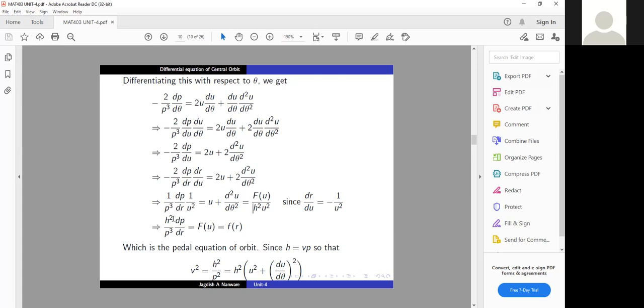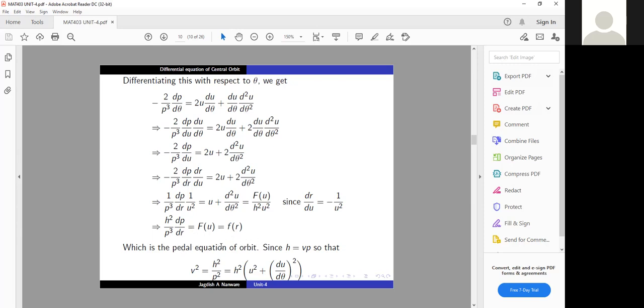But u square in the numerator and this u square in the denominator is 1, and therefore we get the left hand side as h square upon p to the power 3 dp upon dr is equal to f of u. And this is nothing but small f of r.